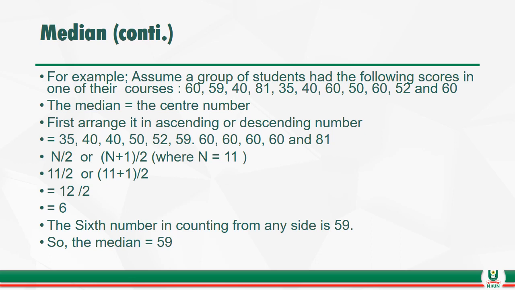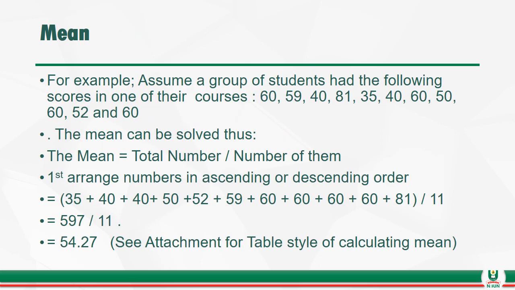Then talking about the same median, just like I said, we use the formula n all over 2 or n plus 1 all over 2. We get a figure at the end of the day, which we use to trace the number after arranging them in ascending order.